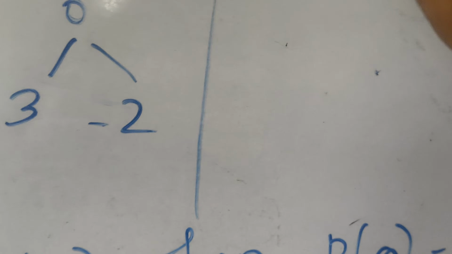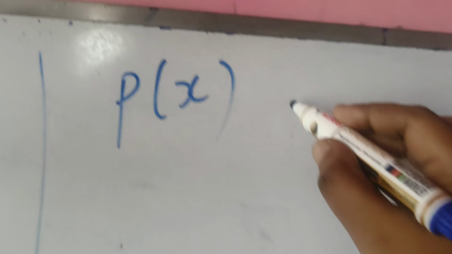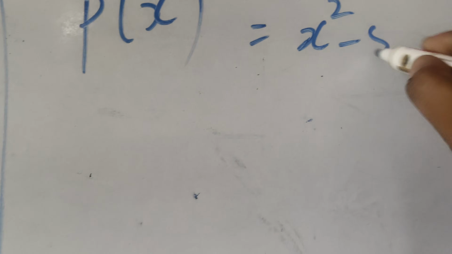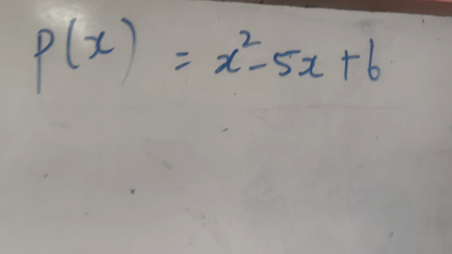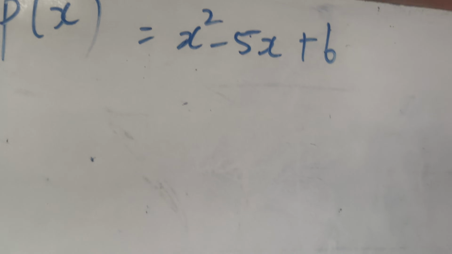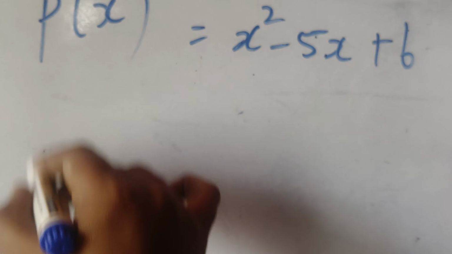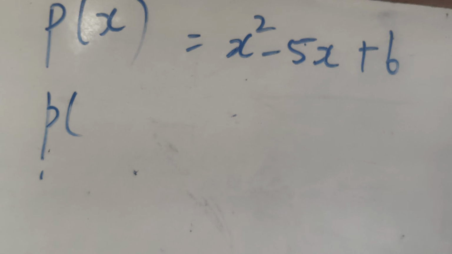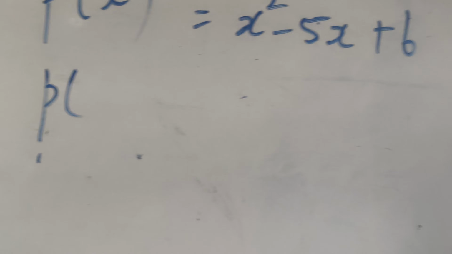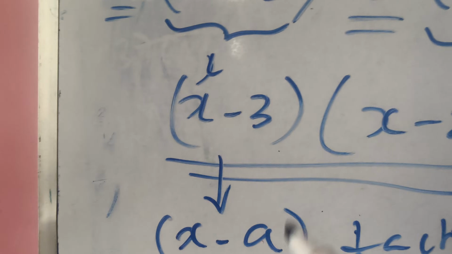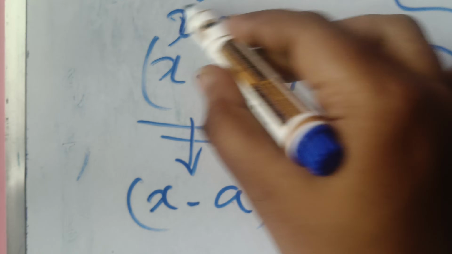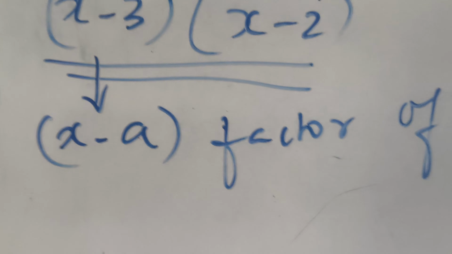Now for my polynomial p of x, x square minus 5x plus 6, I am going to substitute with the factor x minus 3. If the general form is x minus a, in place of a we have identified 3.